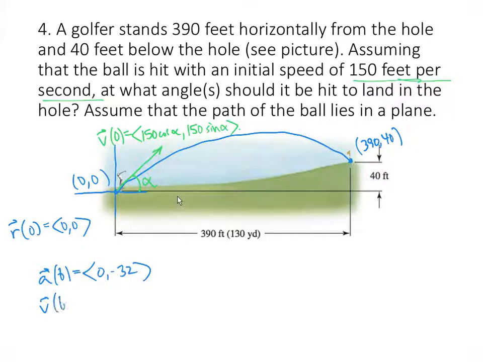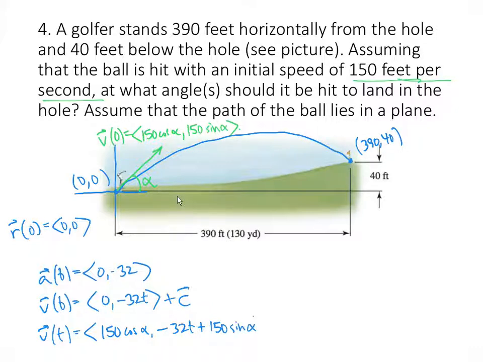Integrating that, we get our velocity vector is going to be 0, negative 32t, plus some constant vector c. Using our initial velocity information, we figure out that v of t is then 150 cosine alpha, and then negative 32t plus 150 sine alpha. Integrating again, now being careful here, we've got two variables, alpha and t.